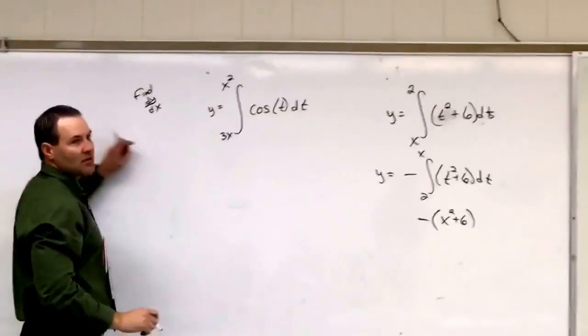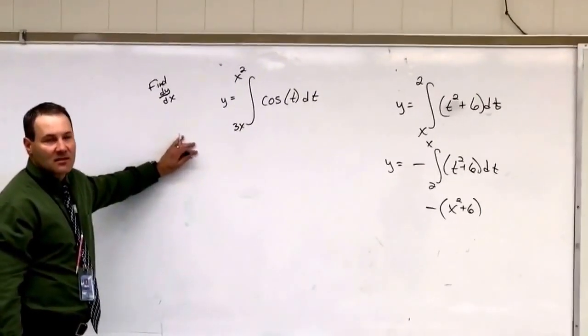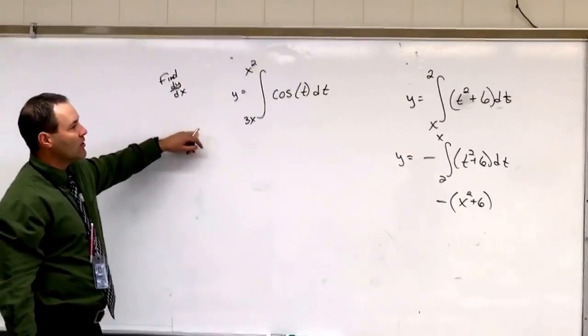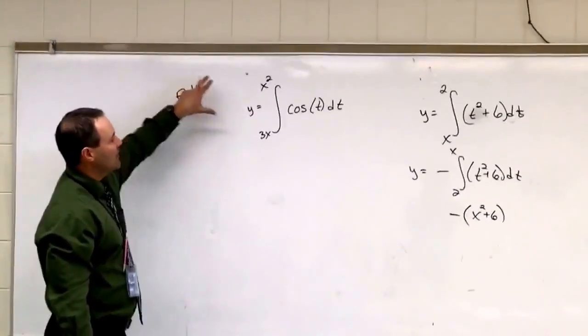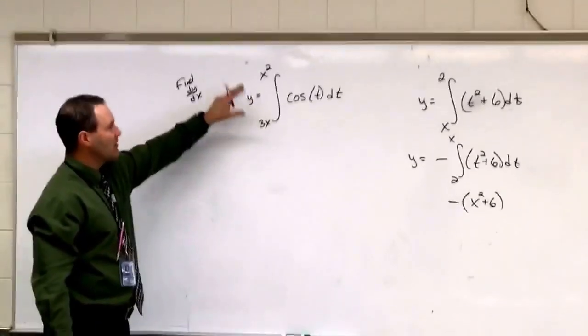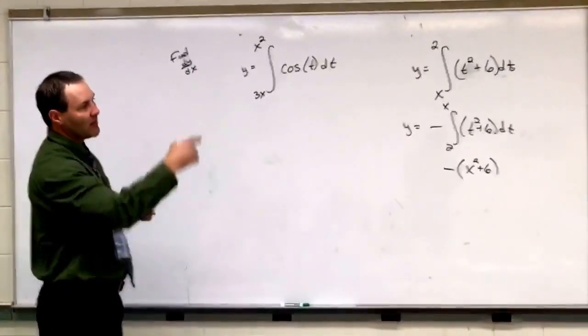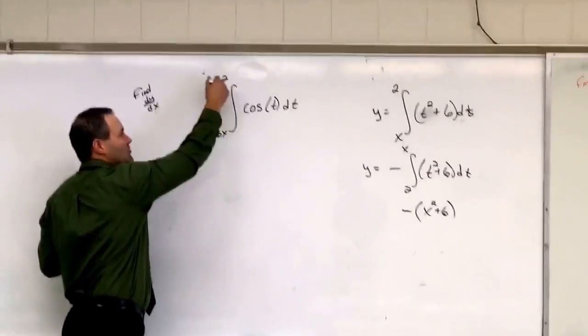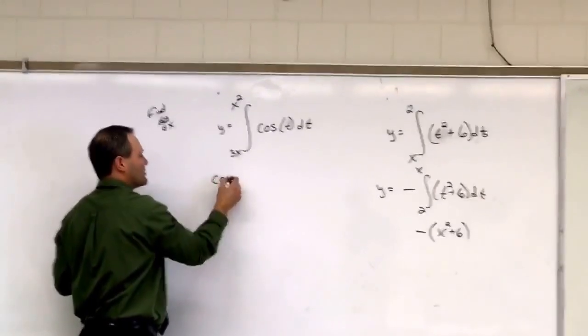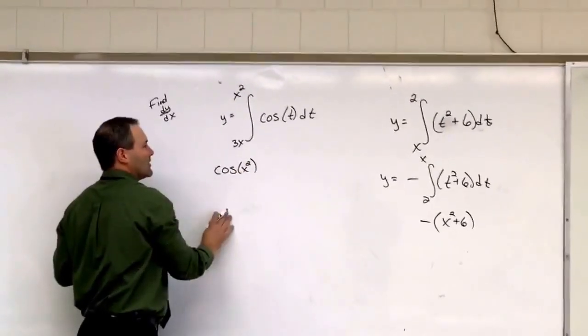That's where a lot of the work goes wrong. We are finding the derivative of an integral. You're asked to find the derivative of an integral. We apply the fundamental theorem part 1. So we have two of them, and they both have variables. We drop in the x squared, so it's cosine of x squared.